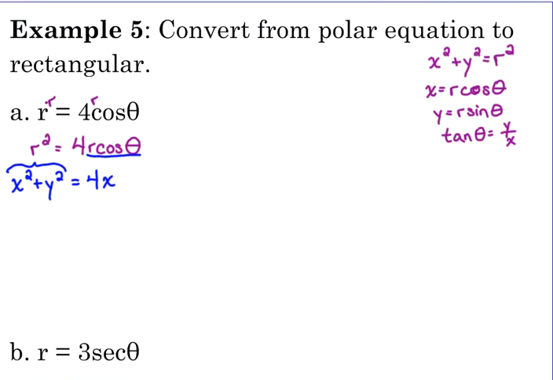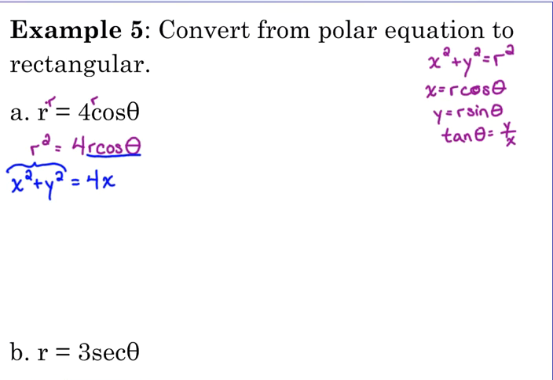Now, we don't really like the way that equation is written. We can't tell a whole lot from it. So let's go back to Math 3 for a minute and put this circle, because it is a circle, in its standard form. That's the word I was looking for. Okay, let's put this in its standard form.